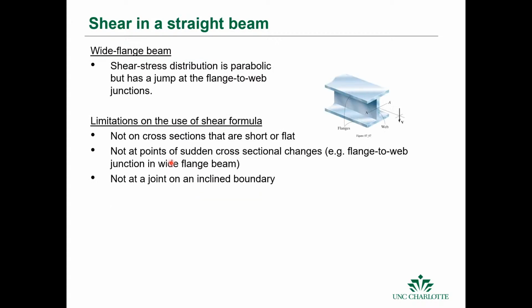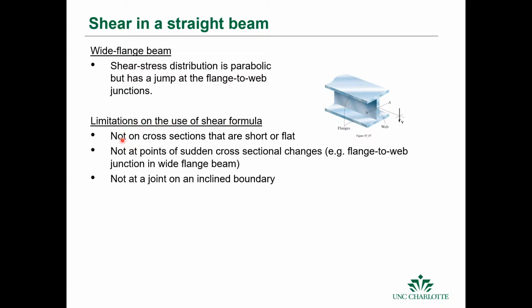All right. So the shear stress too, you can't take flanges or beams like this and expect it to be the same value. Okay, in this case you have shear stress that's going to jump here and here, and so we just need to be aware of those.